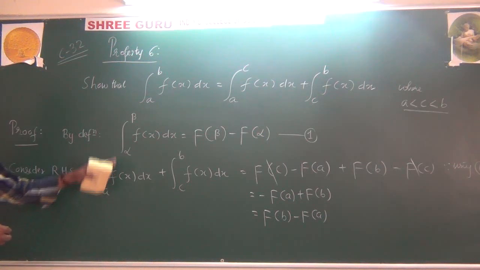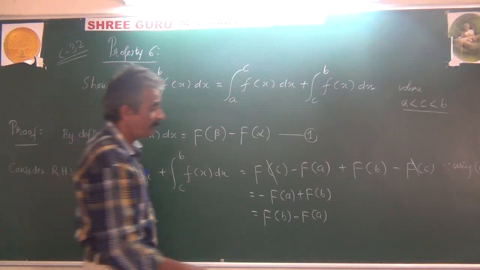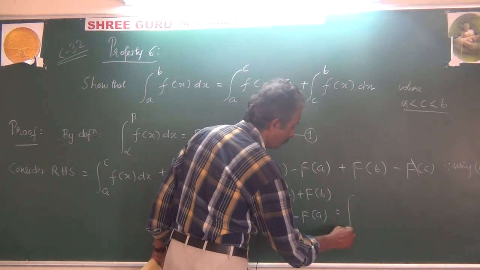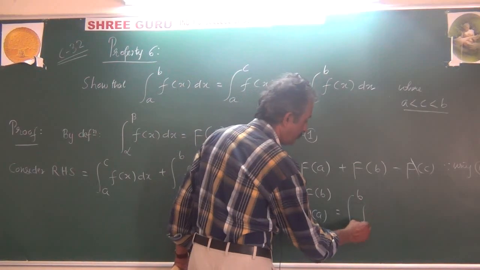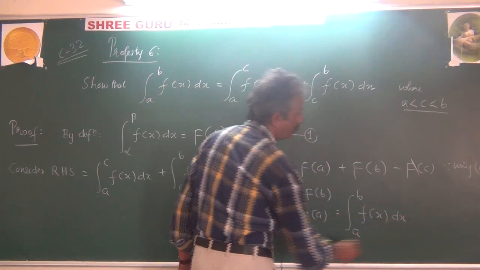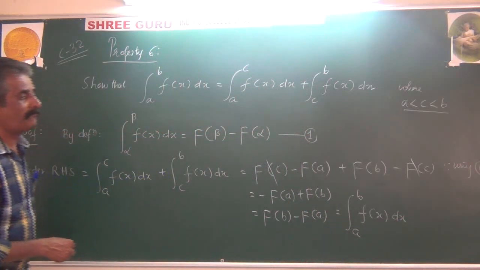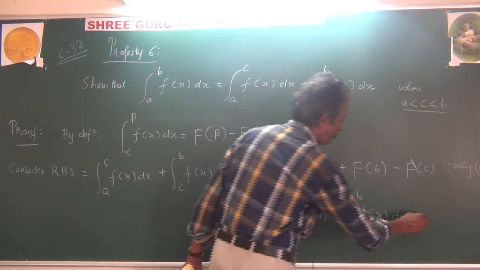Nothing but our definition of definite integration a to b f of x dx. That is exactly integration a to b f of x dx, and that is equal to the left hand side.